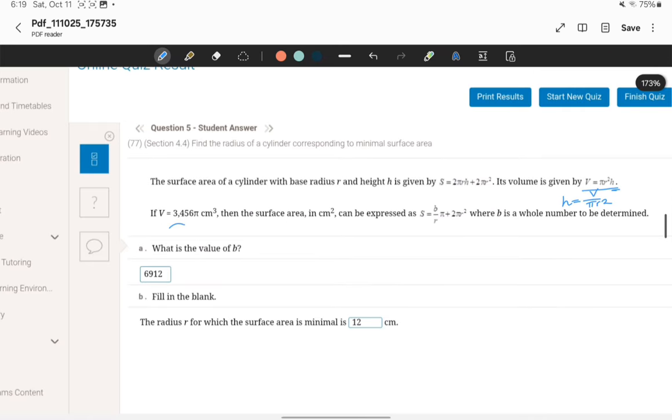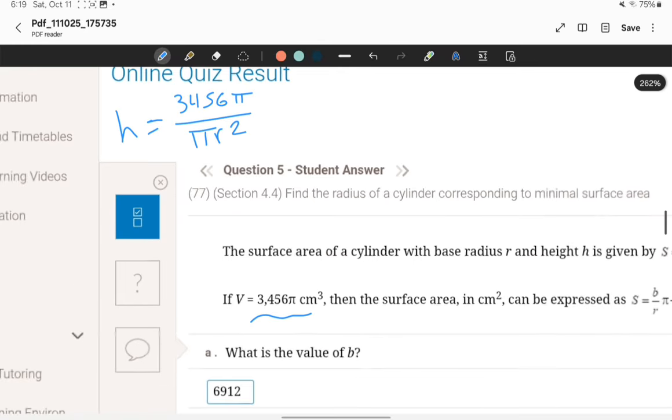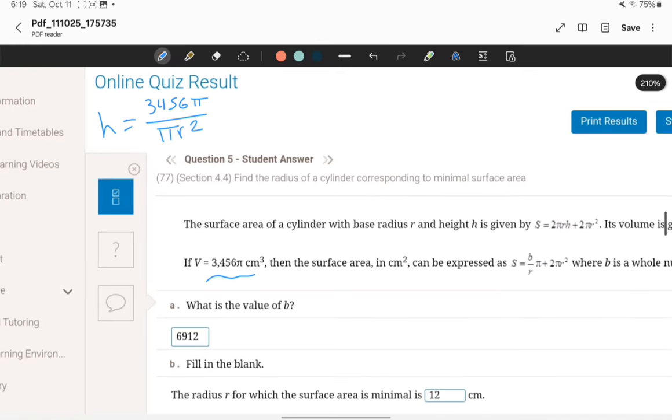Now what's our volume? They said here that our volume is 3,456 pi. So I'll write it back up here. Height is equal to 3456 pi over pi r squared. This is our height. And they want the formula of the surface area. It's easy.